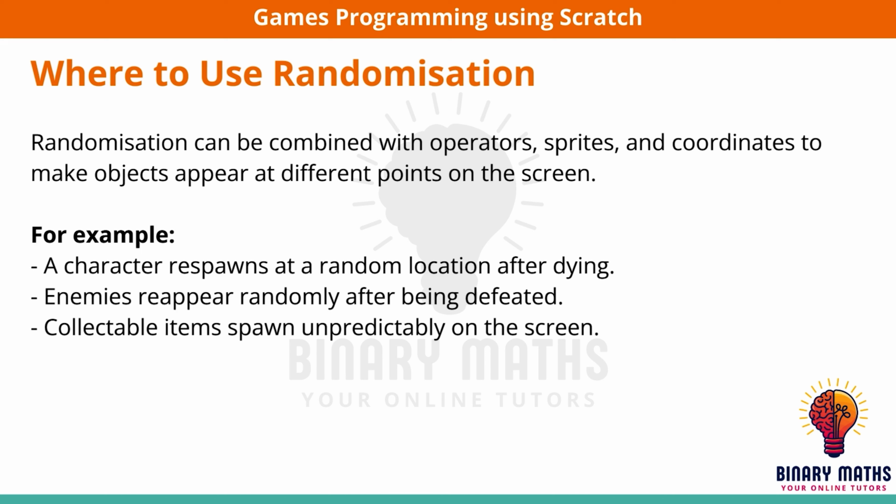If you have enemies in your game, you could make them reappear at random places after they're defeated. Or you could have collectible items like coins or treasures. You could make them appear randomly on the screen. These are just a few examples, but randomization can be used in so many creative ways.